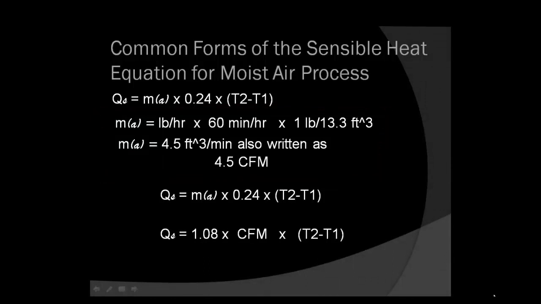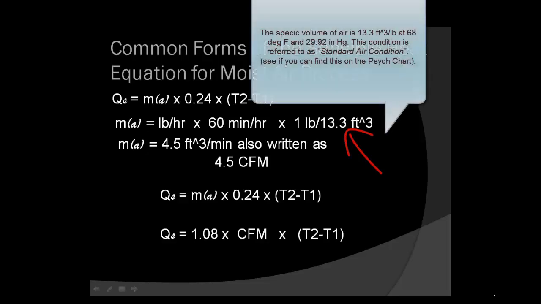This is the specific volume of air at certain conditions. Typically, we use this condition as standard air, which is at 68 degrees Fahrenheit and 29.92 inches of mercury. We will often hear this referred to as standard air condition.